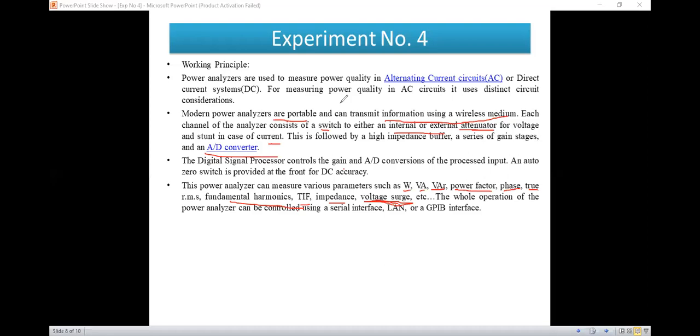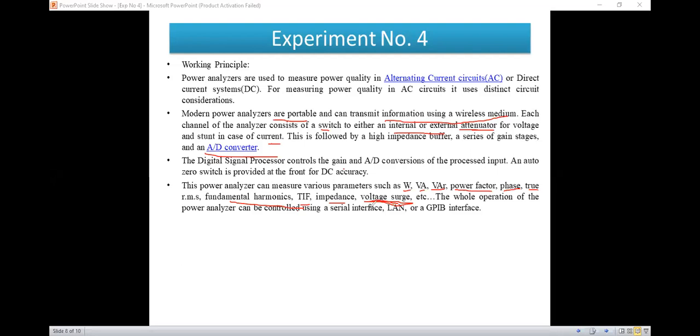A lightning stroke is one type of high voltage surge. Lightning stroke, in Marathi we generally call it वीज पडली. So to protect the system from this type of lightning stroke, lightning arrestors are used.